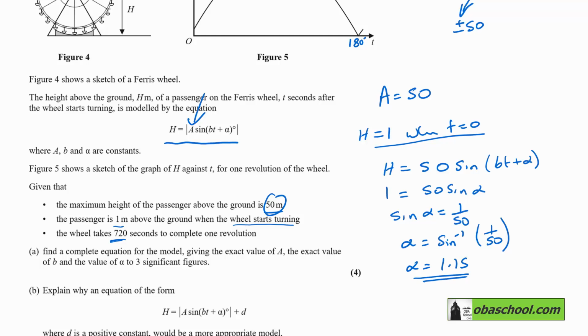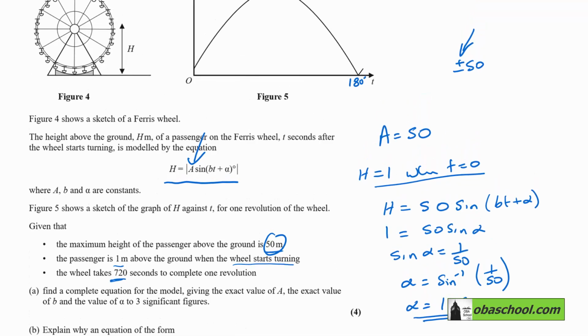So we just need the value of b, and that's going to be to do with the value 180 that we used here, because this is one complete oscillation just there. So one complete oscillation means the period is 720.